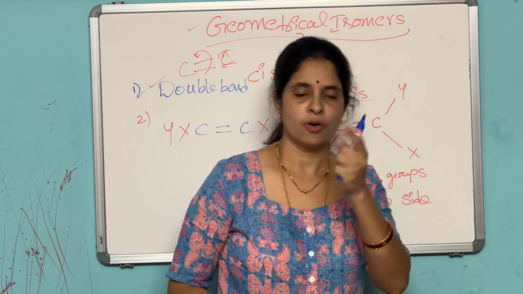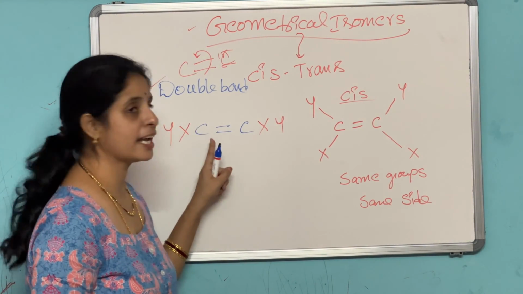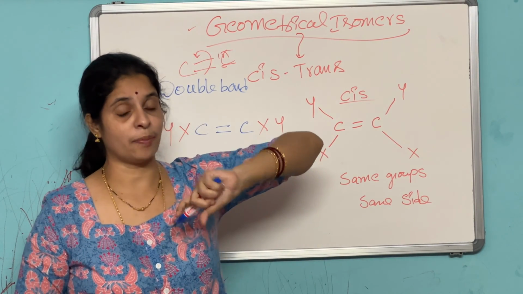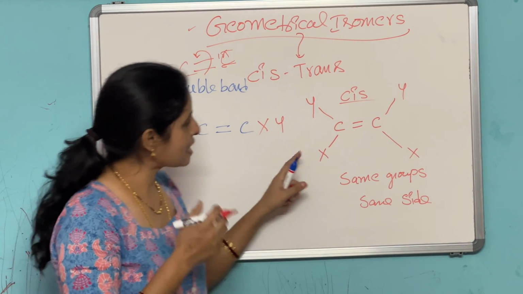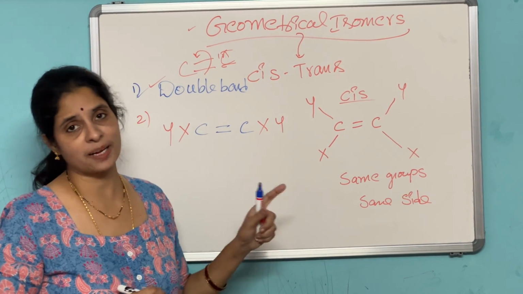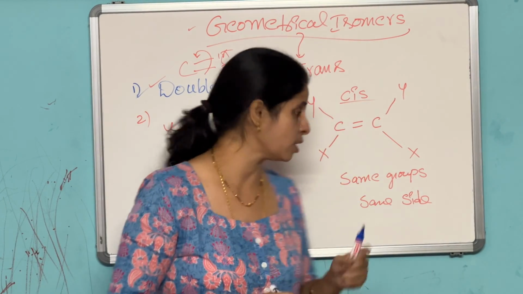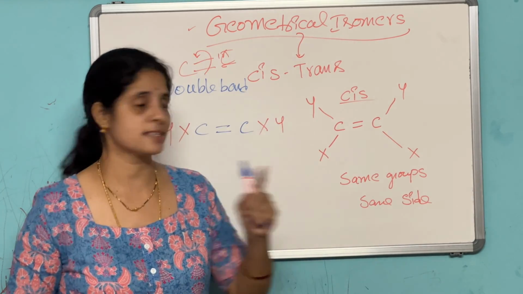Cis isomer. What is the first condition to exhibit geometrical isomerism? It should contain a double bond, because around the double bond there is a restricted rotation. So if the two atoms are oriented around the carbon-carbon double bond on the same side, we call that isomer a cis isomer.